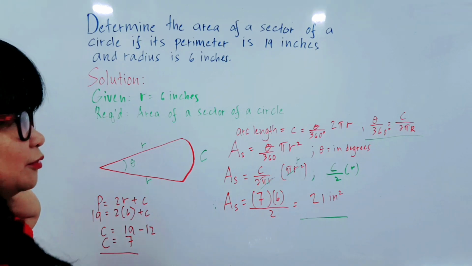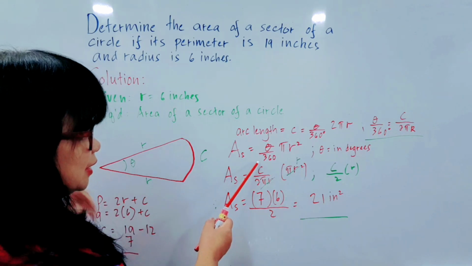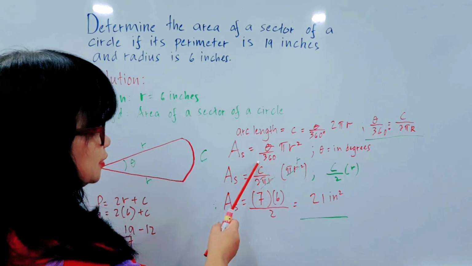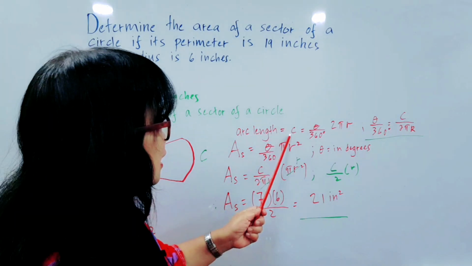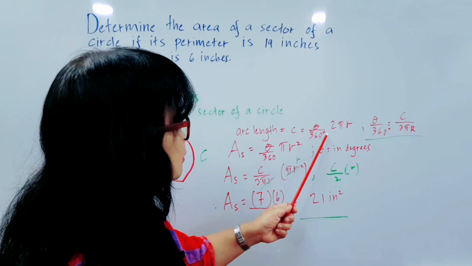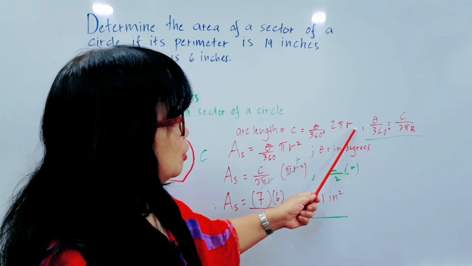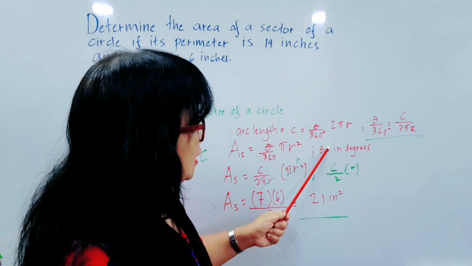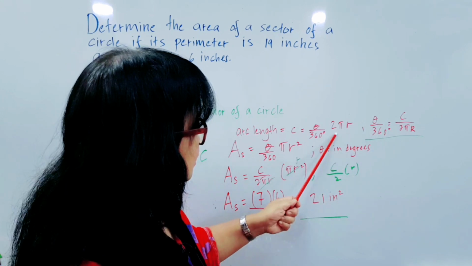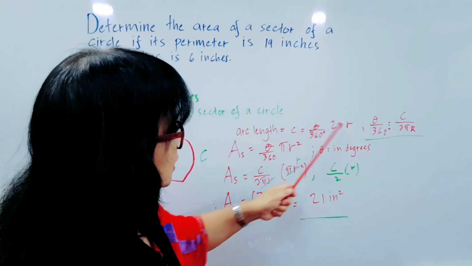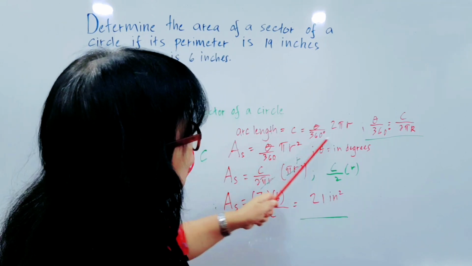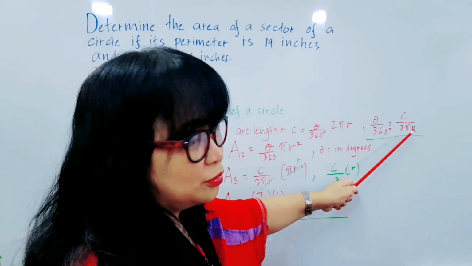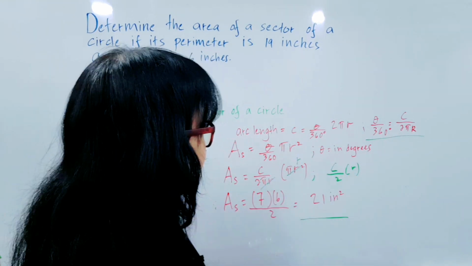Now, dito, dahil meron ditong theta over 360 at dito naman sa arc length is meron theta over 360, we can simplify this one as theta over 360 is equal to C over 2 pi times the radius.